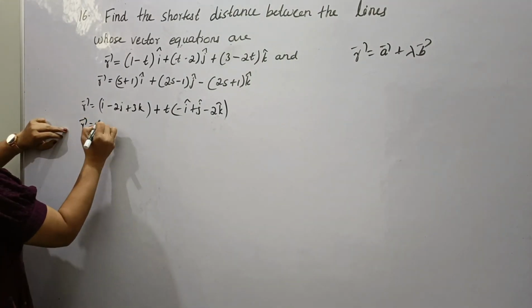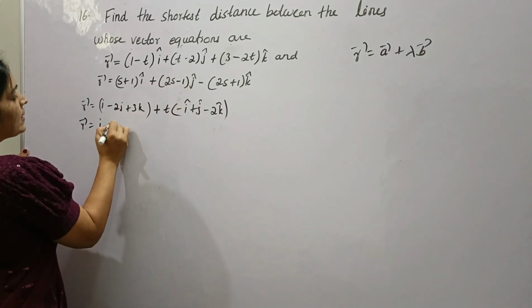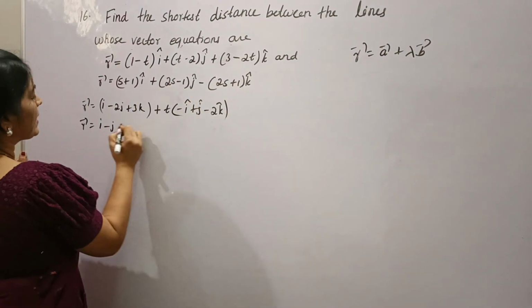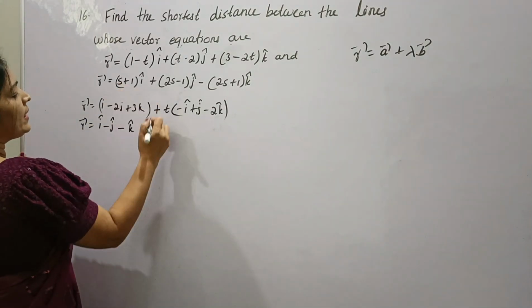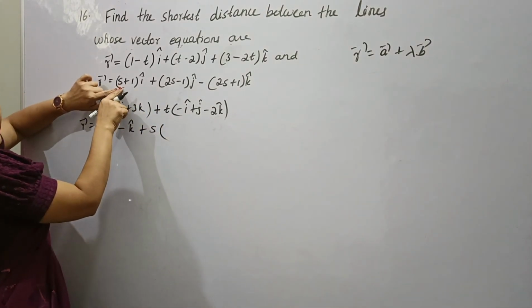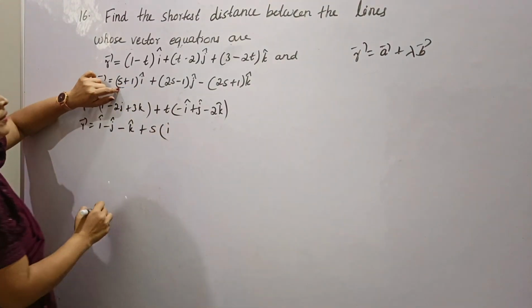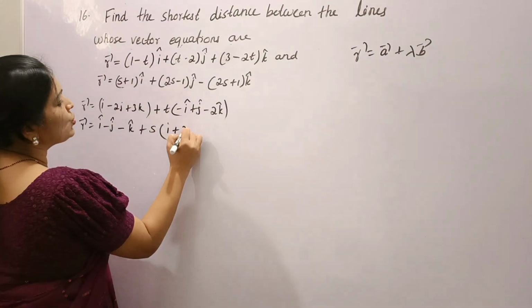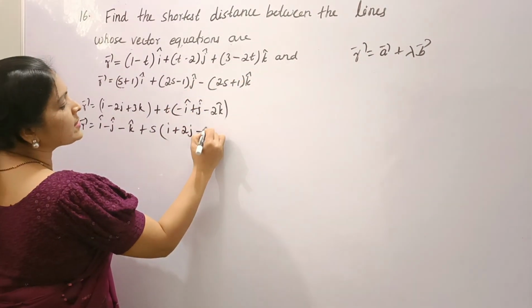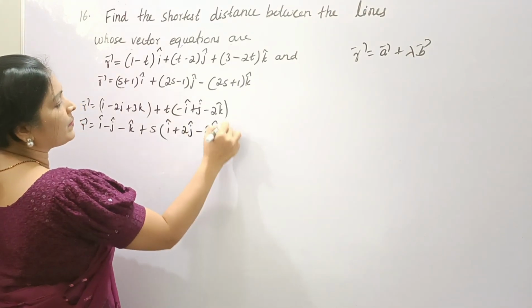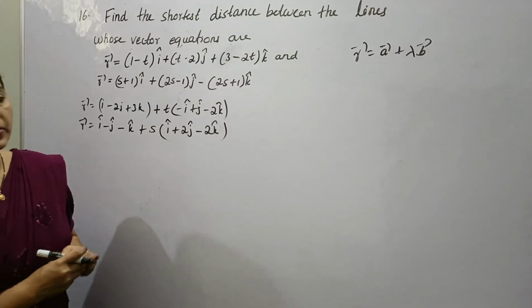Then next equation, vector r is equal to i minus j, here minus k, plus s into, we have taken s outside, so s into i, then plus 2j, here minus 2sk, so minus 2k. Okay, now we have vector equations of two lines.